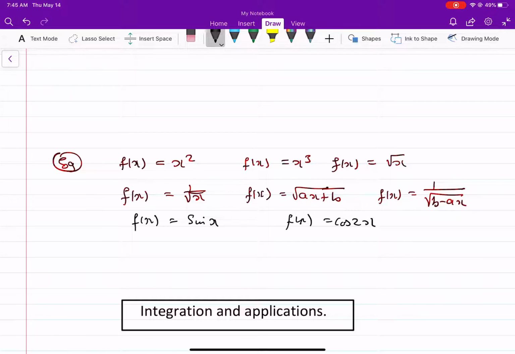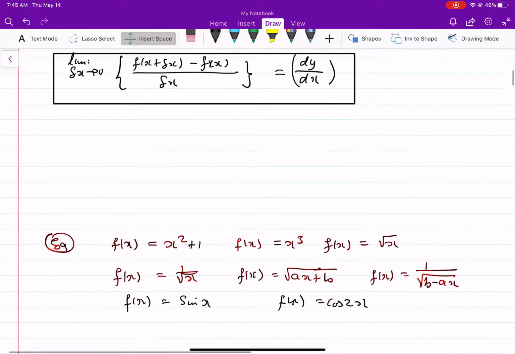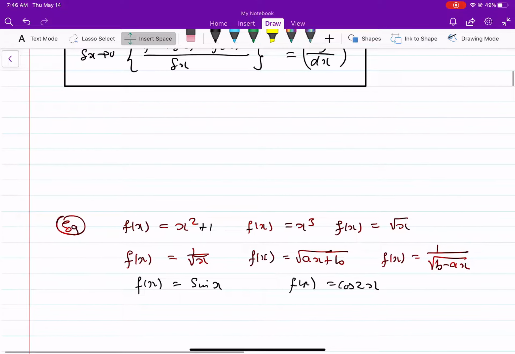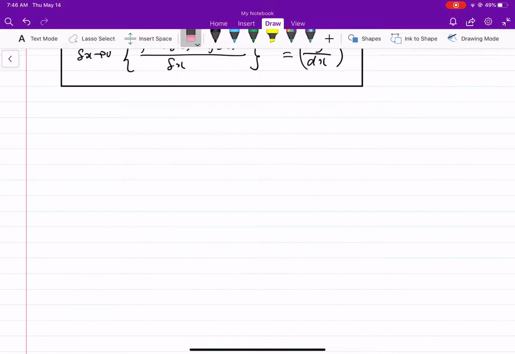And I'll make this first one x squared plus 1. So, let's run through the examples so that at the end of this, we're in good shape and we can differentiate from first principles without issues. All right.